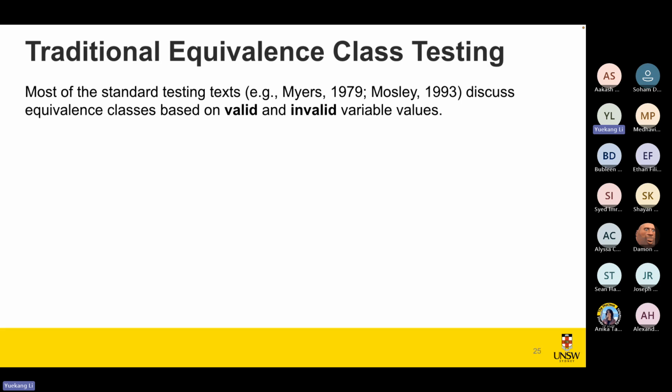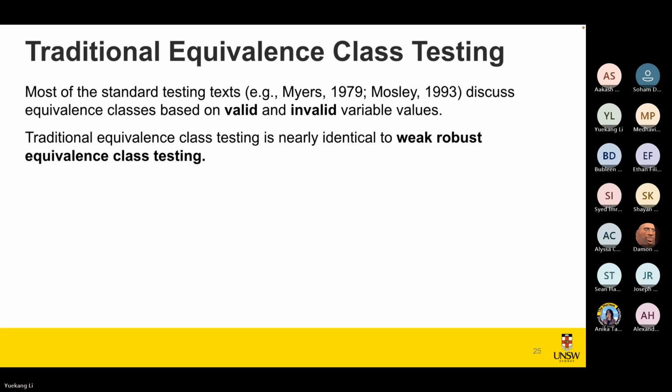The inputs can be naturally classified into two classes, like valid and invalid. That's very natural. And this traditional equivalence class testing is nearly identical to weak robust equivalence class testing.